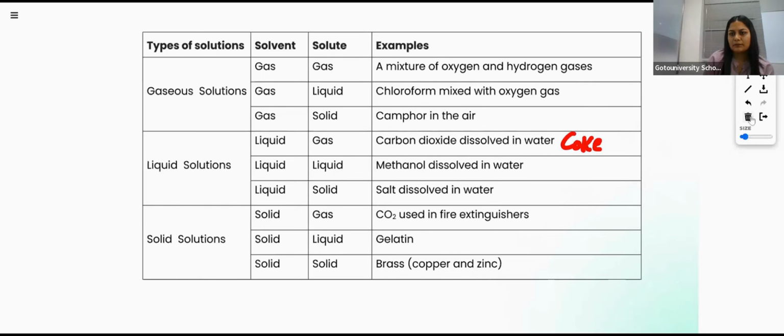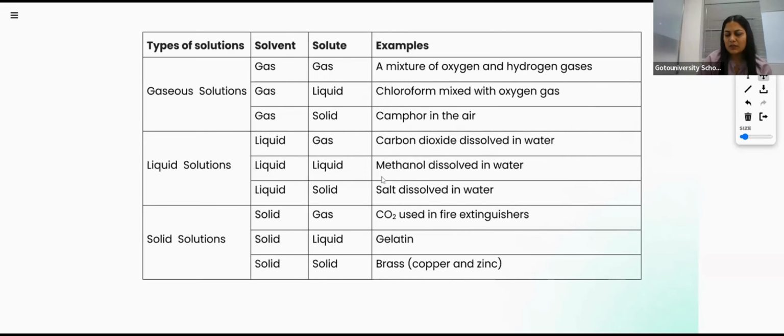As you might have seen in normal cold drink bottles, there is a gas present in the water, right? In cold drinks, gas is pressurized into the liquid, which is an example of gas in liquid solutions, right?